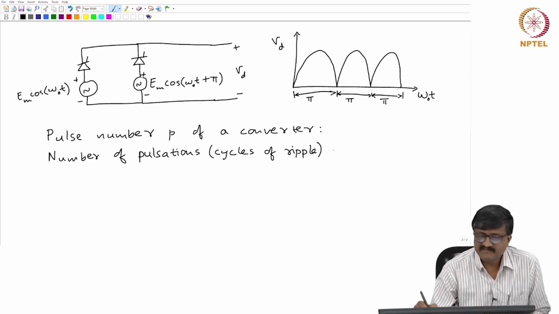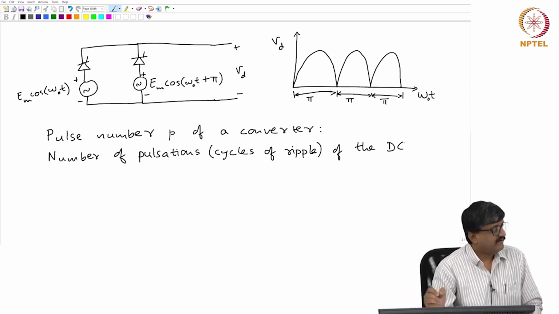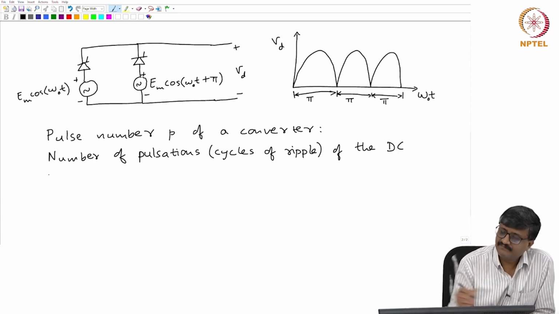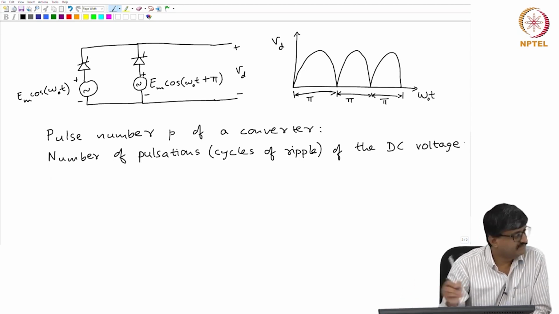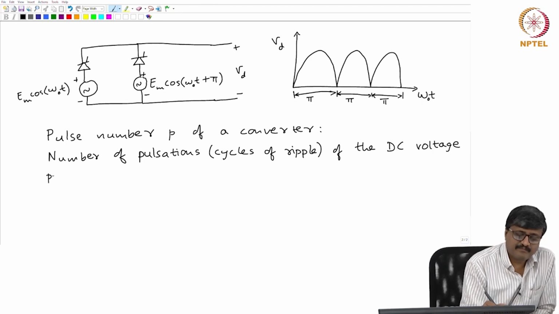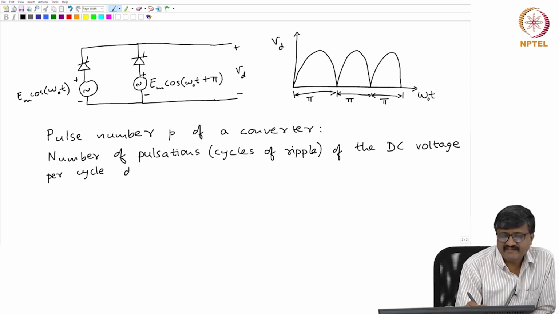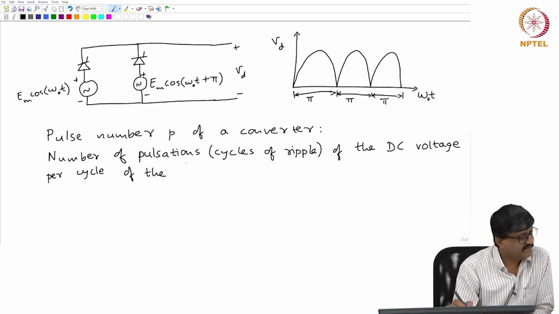So, it is this number of pulsations of the DC voltage per cycle of the AC voltage.